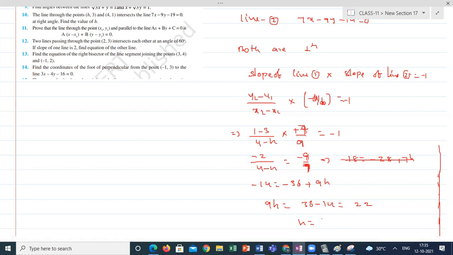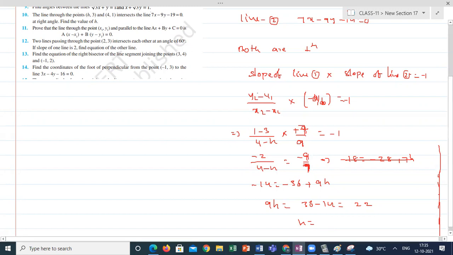Guys, please check the answer. What is the answer? Students, please check the answer.